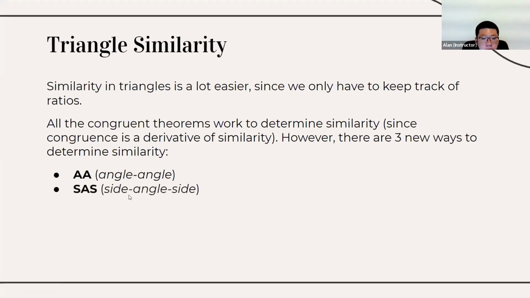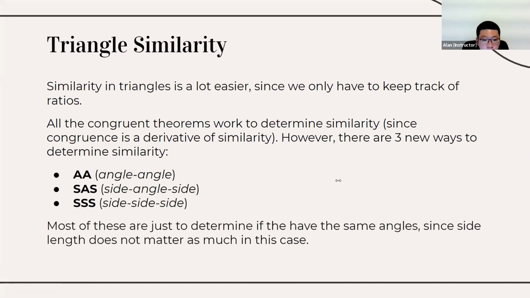And side angle side, which we also included in congruence, and side side side. So just remember that in similarity, the sides don't have to be equal between the two triangles. Instead, the ratios between corresponding sides have to be equal.